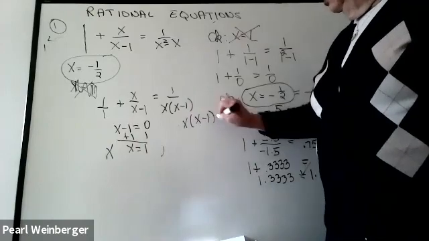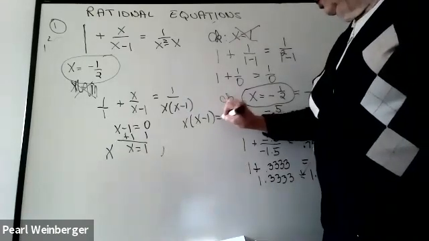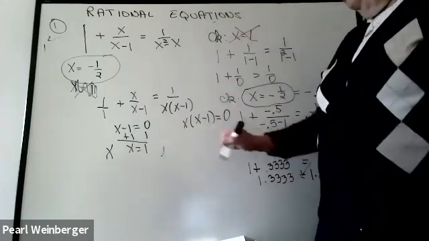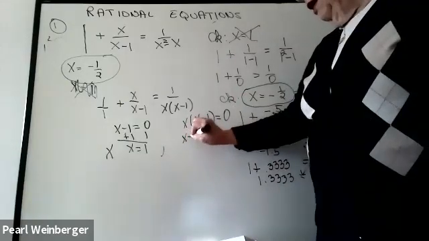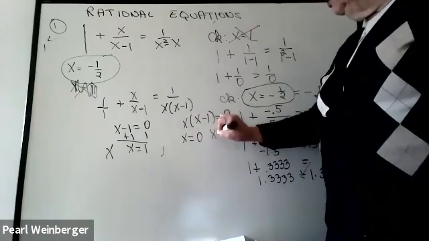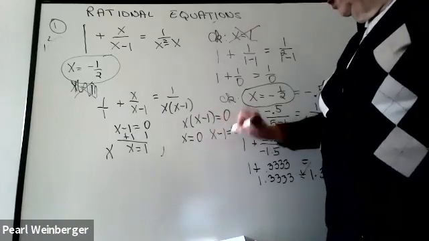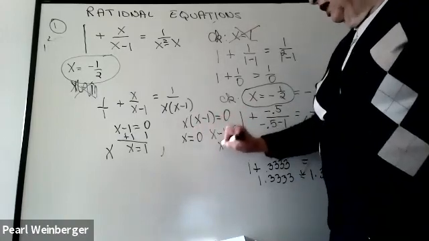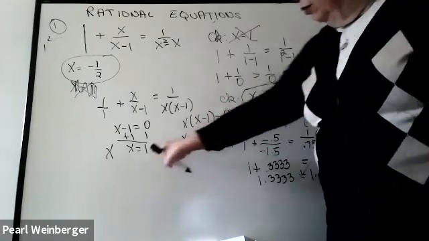If x times x minus 1 is, what will make that equal to 0? Either x equal to 0, because it's already factored, or x minus 1 equal to 0. And this again is x equal to 1. Well, we know that already.